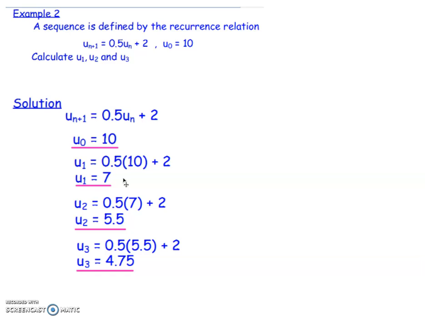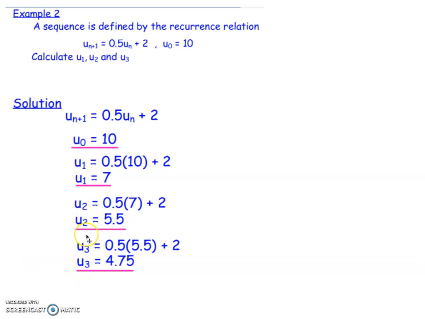Now again, what you could do is type in 10 equals, clear your screen, 0.5 times answer plus 2. When you do that, it will give you 7. You push equals again, it gives you 5.5. You push equals again, it gives you 4.75.